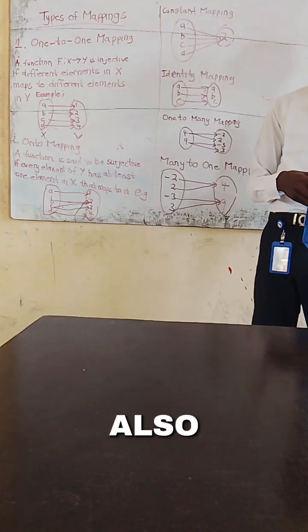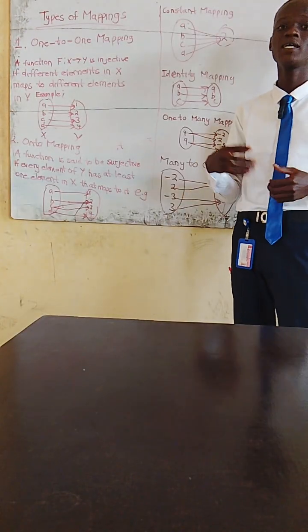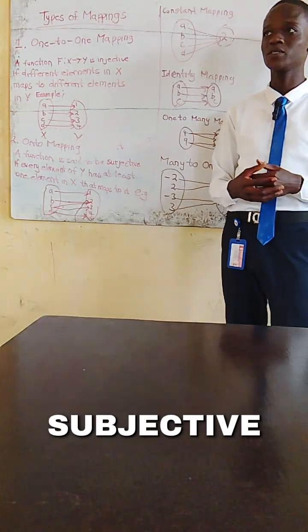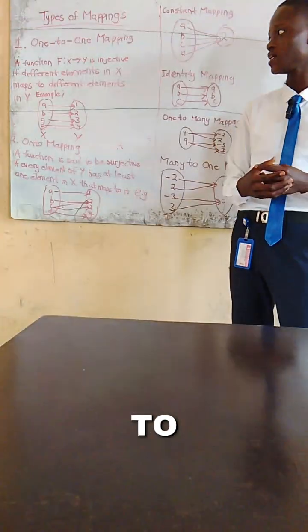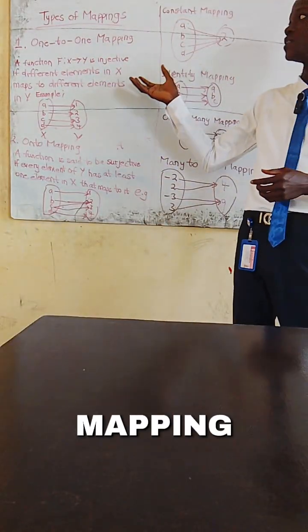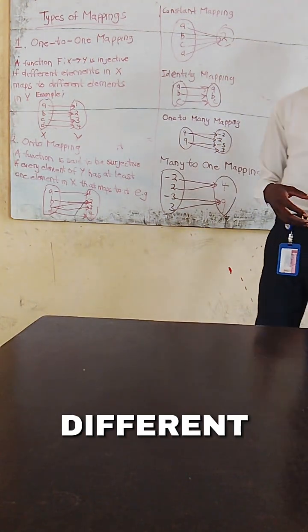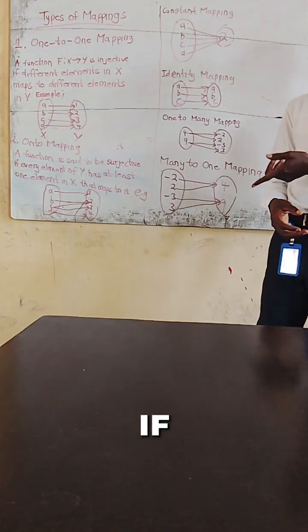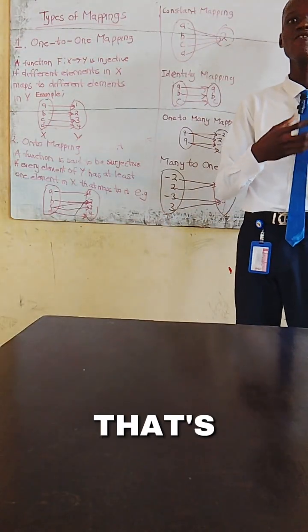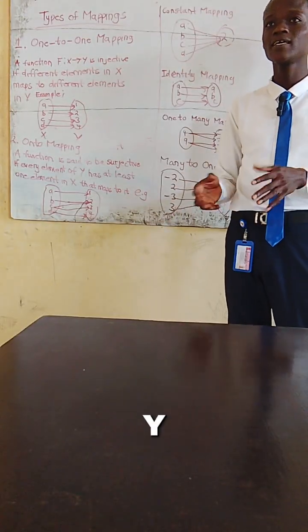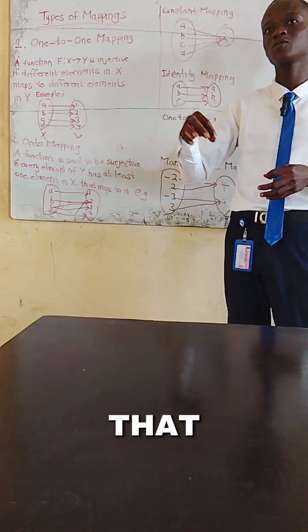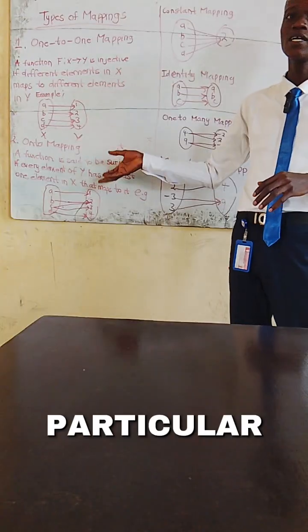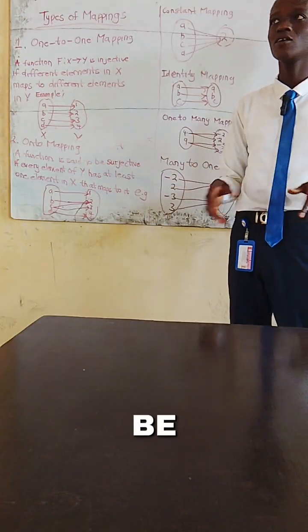And we also have what we call the bijective mapping. The bijective mapping is the combination of the injective and the surjective mapping. You already know that one-to-one mapping shows that different elements in X map to different elements in Y, and if it is surjective, every element in Y has at least one element that maps to X. So the combination of both of them is bijective.